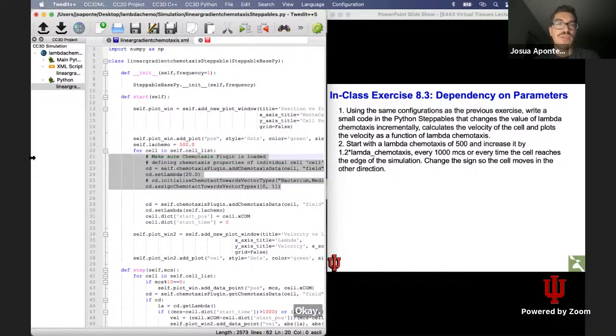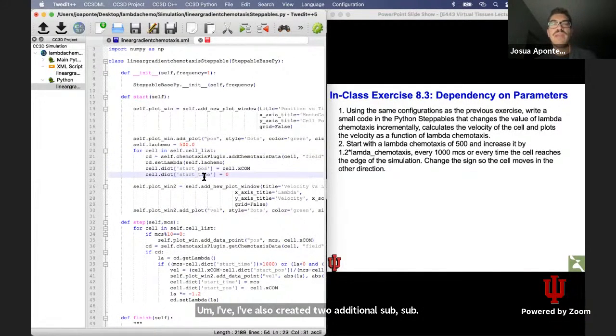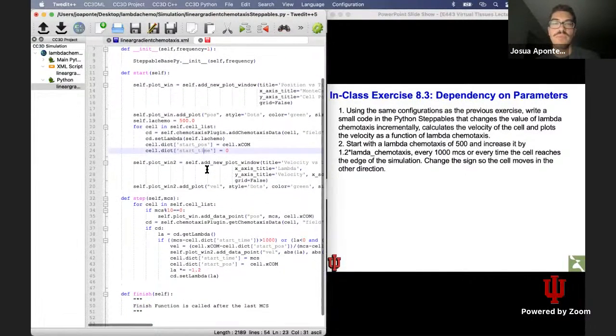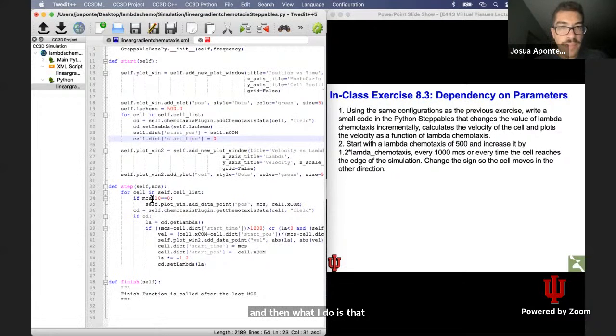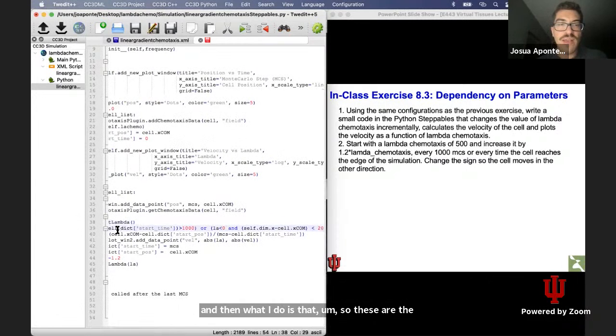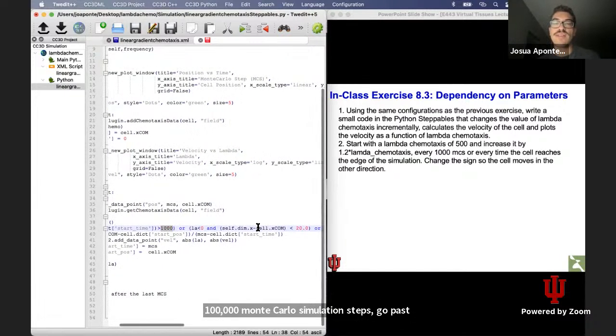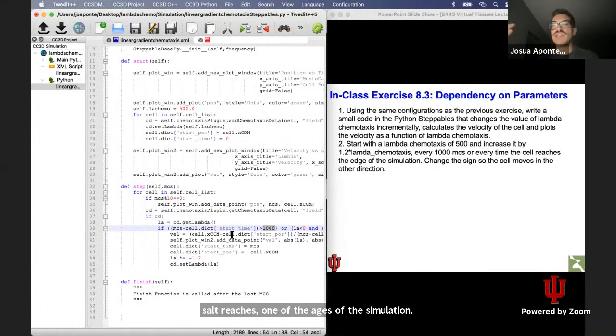I've also created 2 additional cell dictionary entries that I'm going to use to calculate the velocity of the cell. And then these are the conditions that I just specified, right? I said if every time 1,000 Monte Carlo simulation steps go past, or the cell reaches one of the edges of the simulation, I change the direction of my lambda chemotaxis and I increase it.